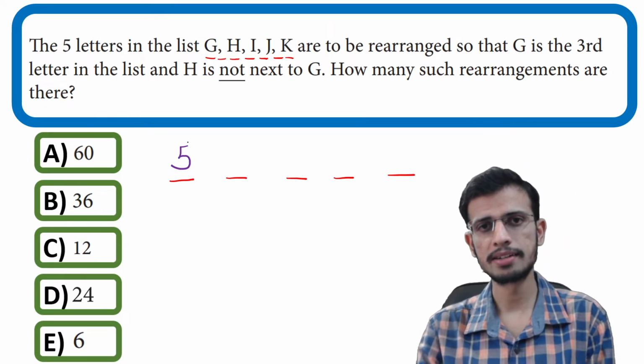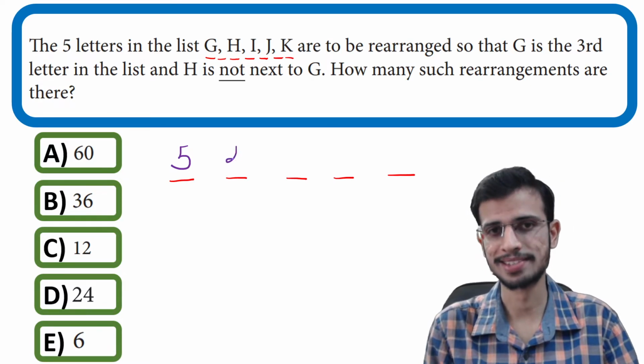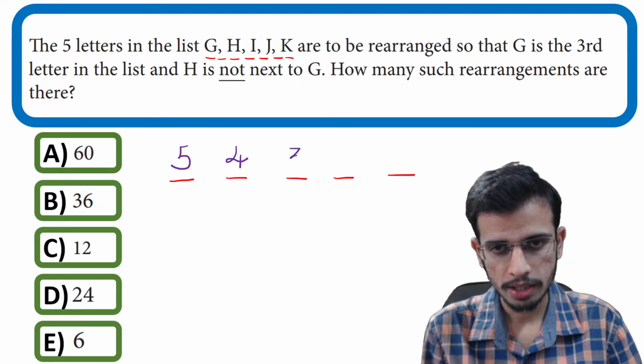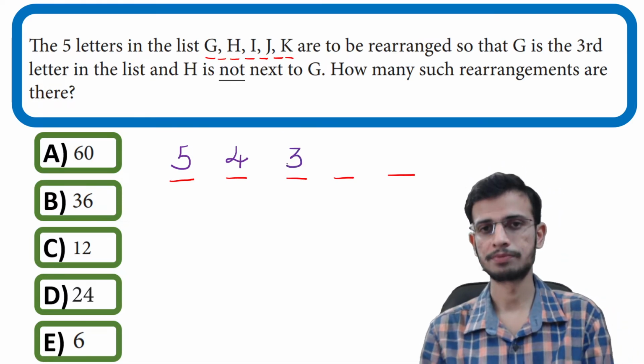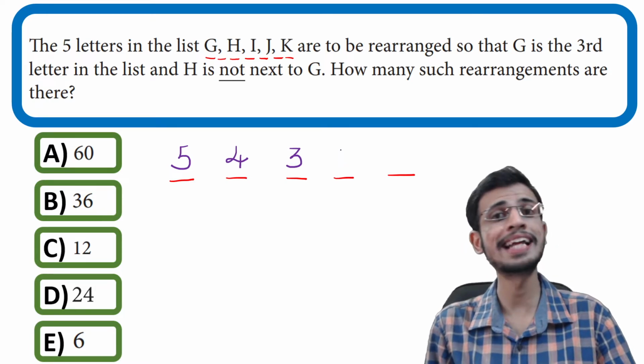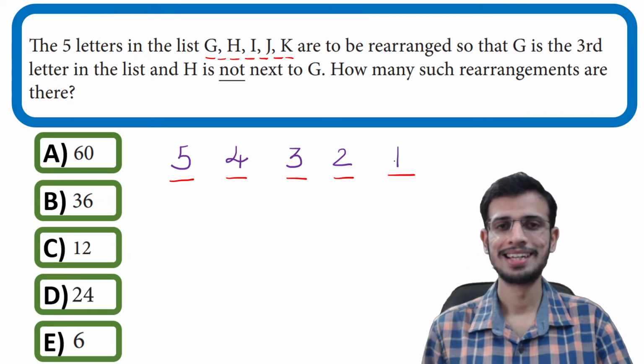So this place can be filled in 5 ways. We have used 1 letter, so this place can be filled by the remaining 4 letters. Similarly, 1 out of the remaining 3 letters over here, 1 out of the remaining 2 letters in this, and in this we can put the remaining letter.